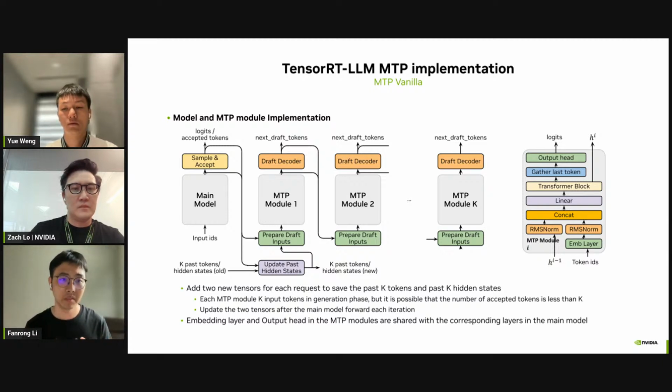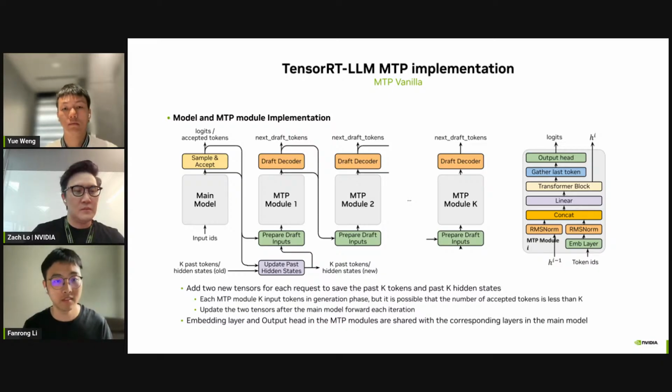From the implementation part, it is not easy. We need to add two new tensors for each request to save those tokens and hidden states. In the figure, after the main model forward, we sample and accept to get the accepted tokens.